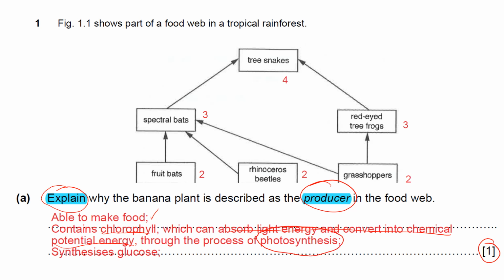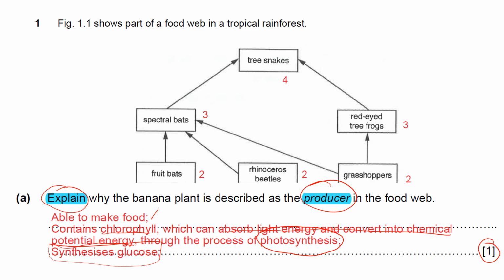It doesn't hurt to write the process, and to me it is very important to always write the process. Lastly, you can say that photosynthesis in this case produces glucose. I think it's important because for ecology, the glucose is also part of the carbon cycle. So I think it is good enough to just talk about these 3 to 4 points.